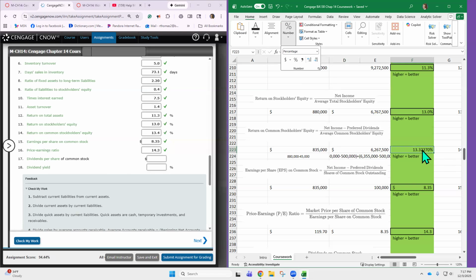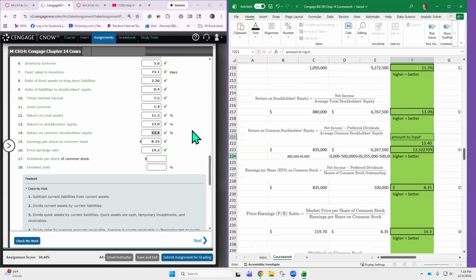All I know is I don't think 13.4 was right, because that is return on common stockholders' equity. But to get it right, round up to the next number if yours is showing that it's wrong. I'm sorry, I don't know why it's doing that. It would be nice if it didn't. But so this is the amount to input.